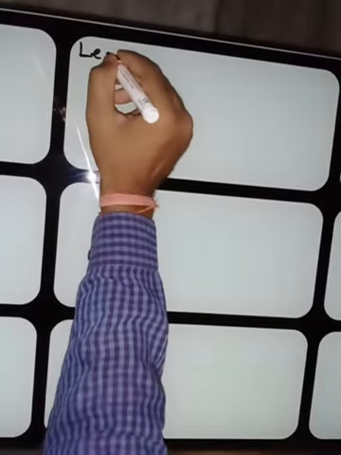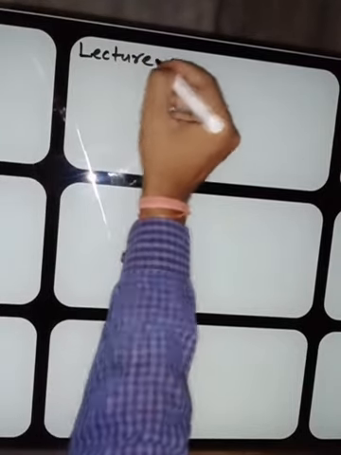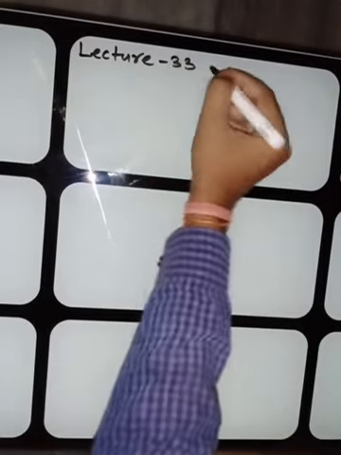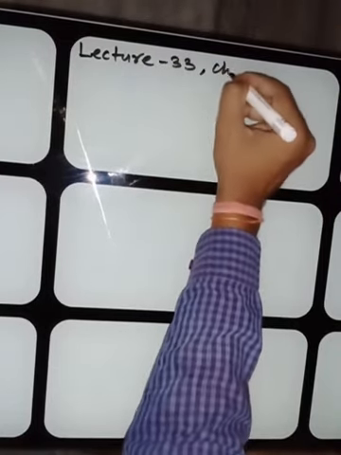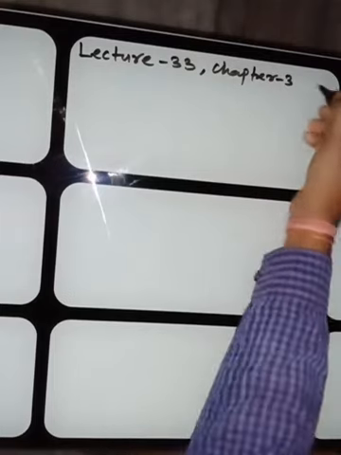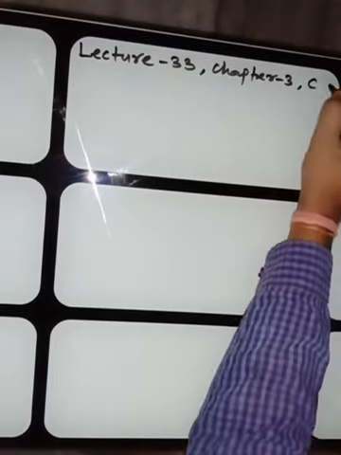Okay, it is lecture 33 of chapter 3, that is current electricity.